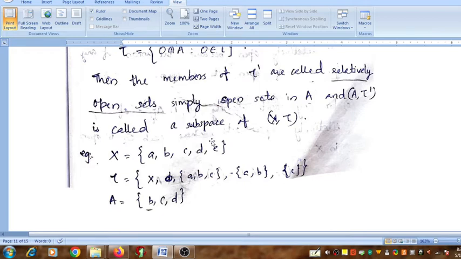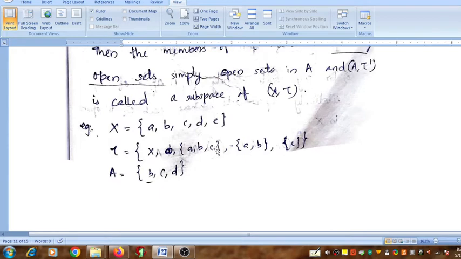For an example, let's consider the non-empty set X that contains 5 elements: a, b, c, d and e.